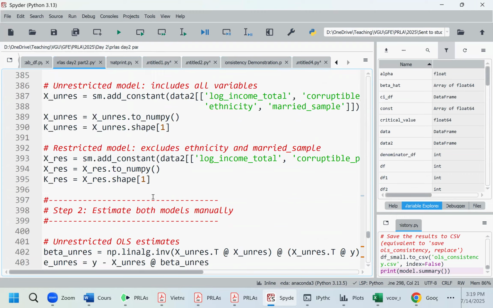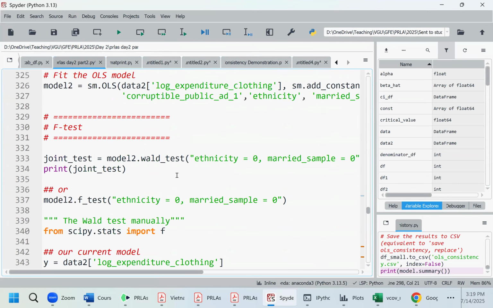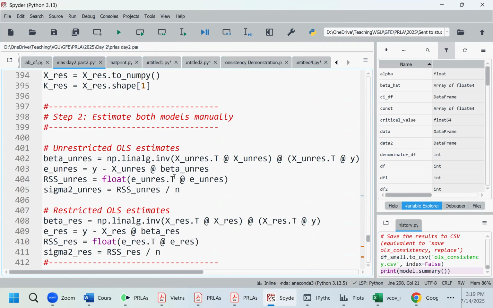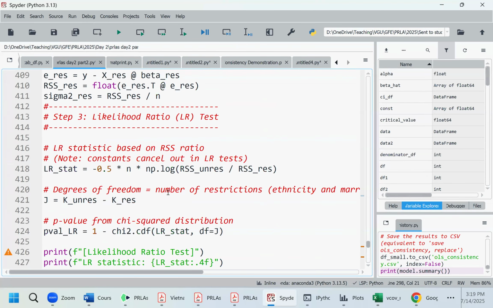AIC then BIC, right? Where is it? AIC and BIC down here.